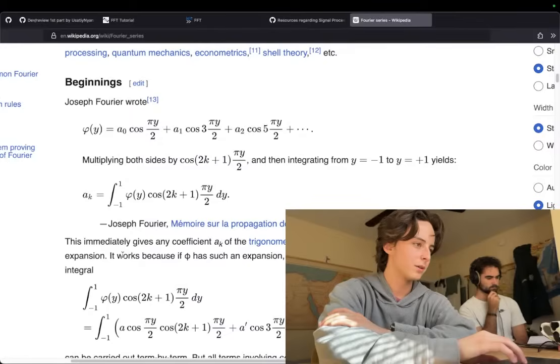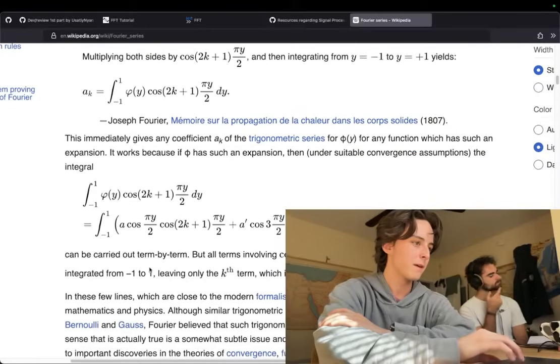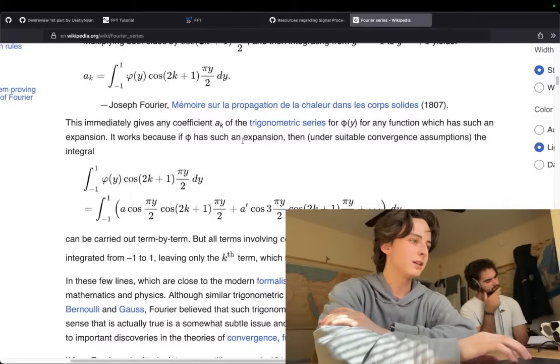So, multiplying both sides. Sure. Okay. This immediately gives any coefficient a sub k of the trigonometric series phi of y for any function which has an expansion.